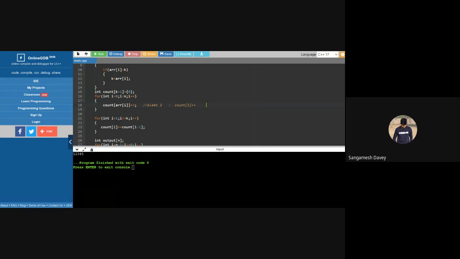Similarly, let's say ARR of 5 is 3. Or let's say the element is 4. In the fourth index of the count array, I am incrementing the count. This is understood?